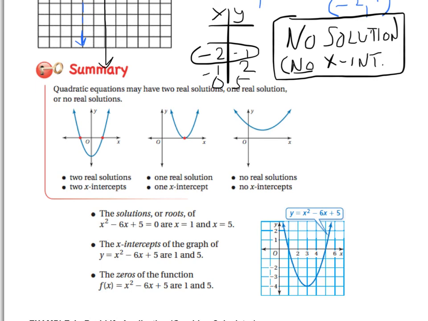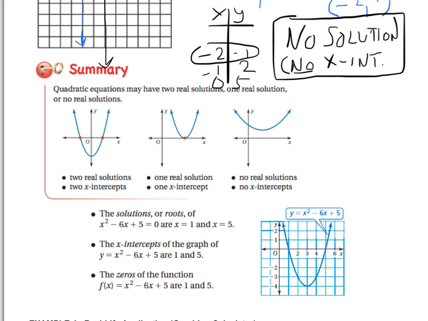Example 1 is the first one on the left. When our parabolas cross twice over the x-intercept, that would mean that we have 2 real solutions. When it only has the one point that is our x-intercept for the vertex, that is possible, which gives us only one real solution. And there are times when our graph does not cross over the x-intercept, so there are no x-intercepts, which means there are no solutions.